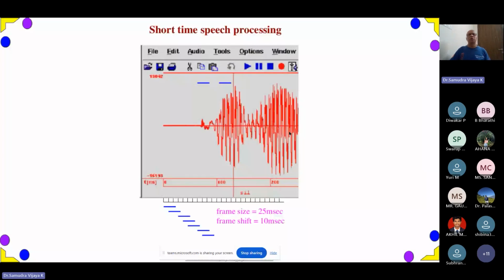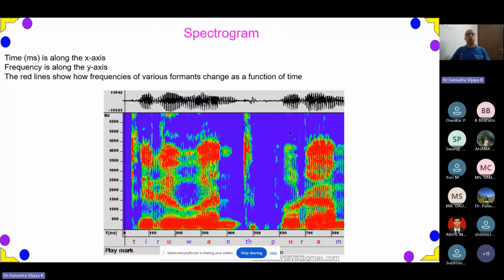So what people came out with is what is called a spectrogram. ECG, electrocardiogram, electroencephalogram, you have heard of it. Gram means something that's printed on a piece of paper. A paper is a two-dimensional body, but we want to represent a three-dimensional entity, which is the spectrum as a function of time. Spectrum itself has frequency and amplitude.